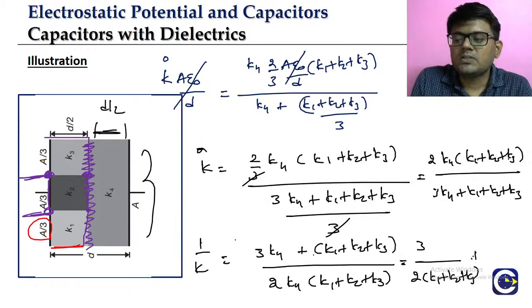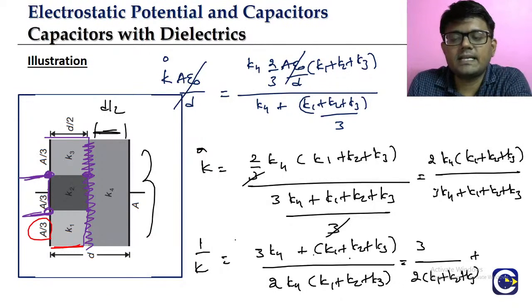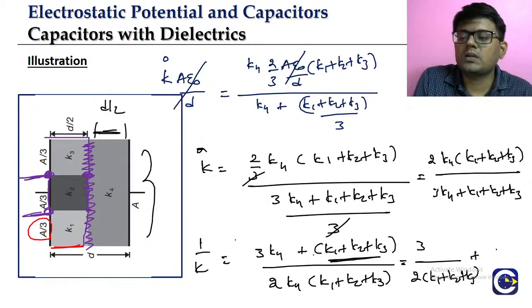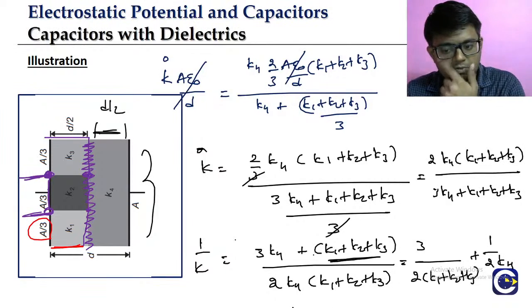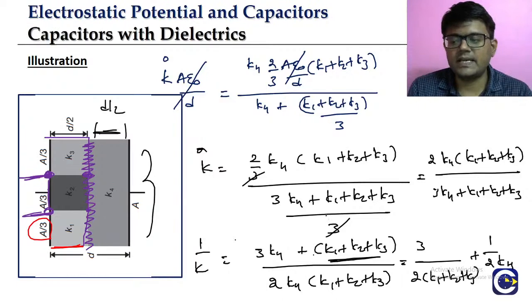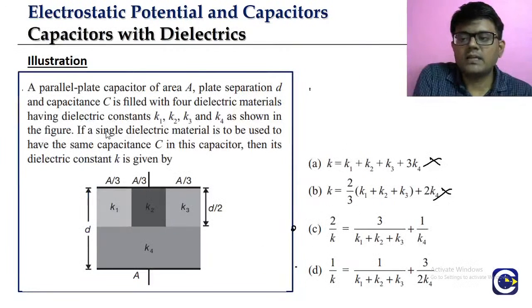Okay வா, so அடுத்து என்ன பாருங்க, second term நம்ம split பண்ணா அதுல k1 plus k2 plus k3 cancel ஆயிடும். Okay, so remaining will be 1/2 k4.